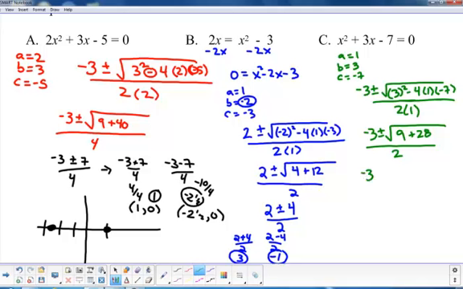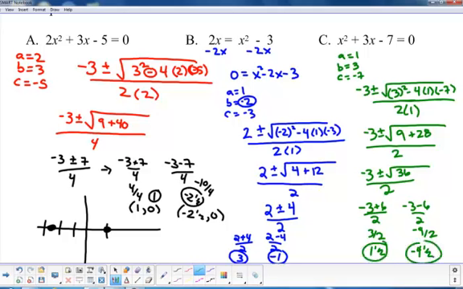So negative 3 plus or minus square root 36 divided by 2. That's negative 3 plus 6 over 2 and negative 3 minus 6 over 2. So 3 halves is 1 1/2, and negative 9 halves is negative 4 1/2. So those are our two zeros, our two x-intercepts. So far, everything's been perfectly factorable.